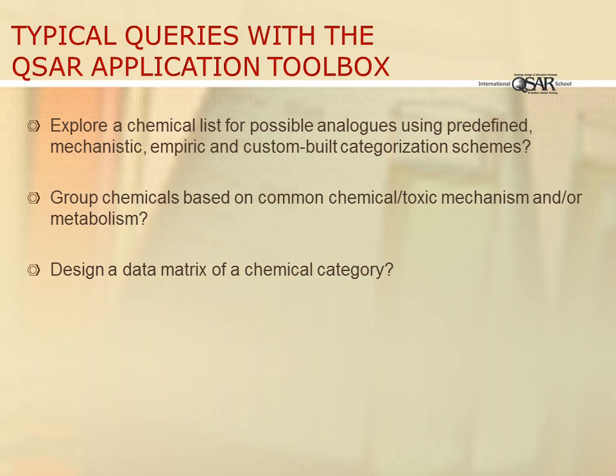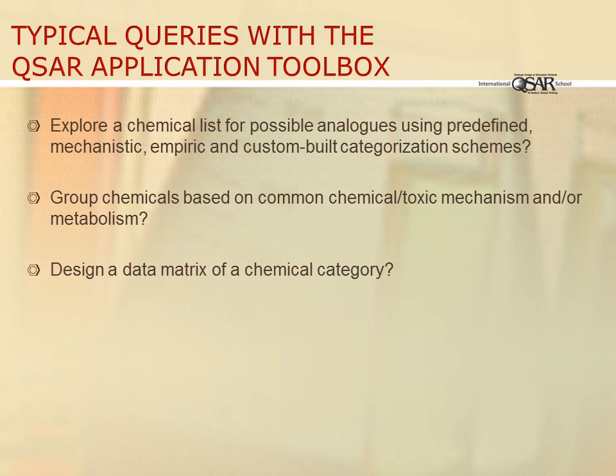Analogs and similarity are different terminology for much of the same thing, but there are methodologies for finding analogs within certain constraints for an individual chemical that is different than going through all of the work of forming a chemical category. Generally you would get to the same point by doing so, but that was one of the requests or queries brought forward as an important thing for the toolbox.